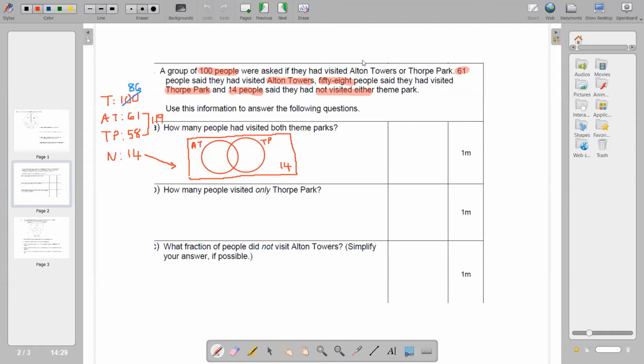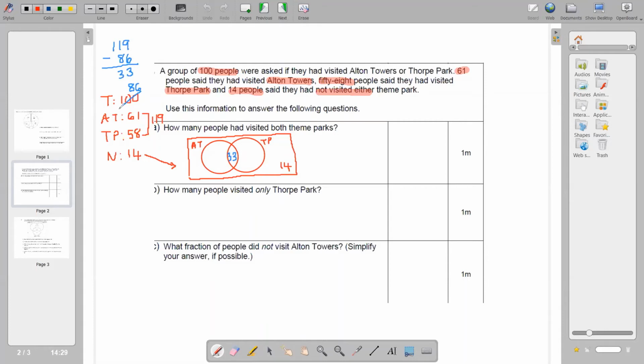So if I find the difference between 86 and 119, so 119 take away 86, 9 take 6 is 3, 11 take 8 is 3, so 33. This 33 must be the number of people who had visited both. So that would go in the middle between those two.